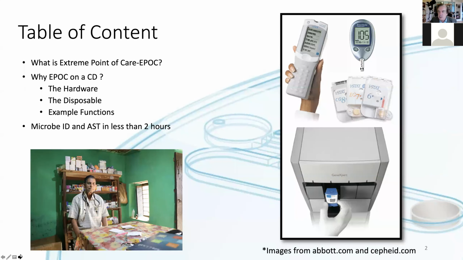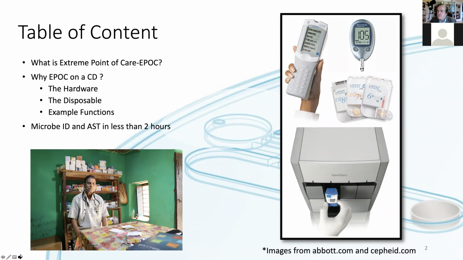The images I show on the right are example products in the market today, but doing rather simple things. At the top right is a glucose sensor. Then on the top left is Abbott's iStat device that next to the patient gives you information about the sodium level, potassium, pH, oxygen, CO2 in your blood.